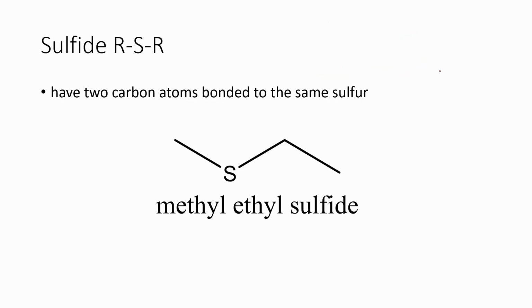Next, you have your sulfide. Sulfides are the sulfur equivalent of our ether. So these have two carbons bonded to the same sulfur. Okay, so the formula is R S R. So the simplest would be CH3 S CH3, dimethyl sulfide.